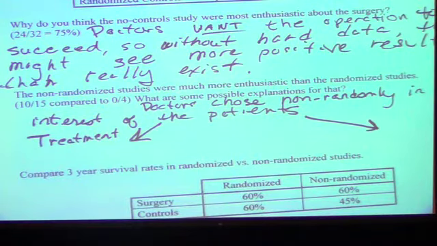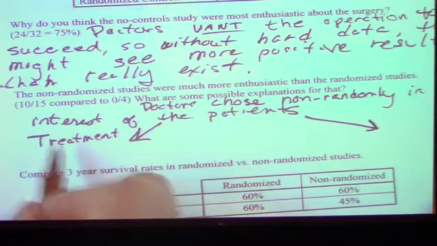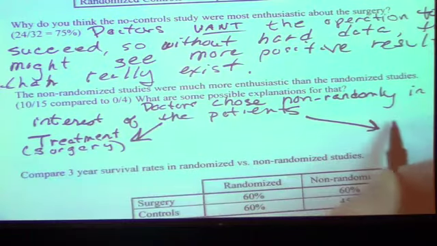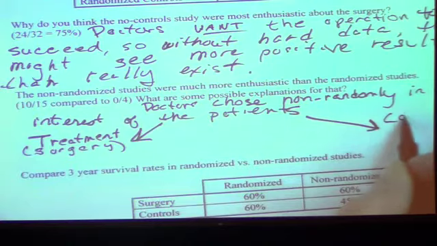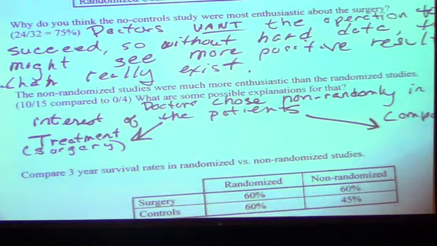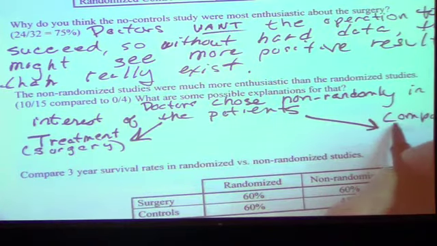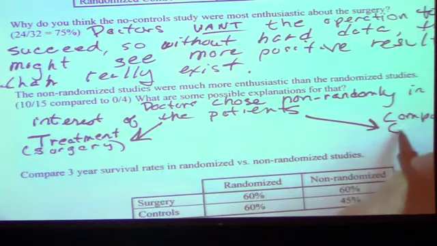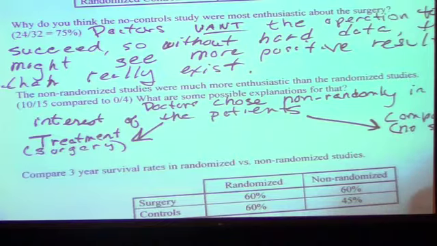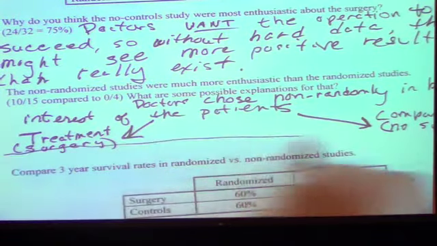Surgery, isn't it? Isn't the treatment group getting the operation? Okay, so the treatment group is the surgery group. And the control group, which I'm going to call the comparison group, it's just less confusing. In the comparison group, what did they choose to do? They didn't operate. No surgery, no operation. All right, that's what they did.